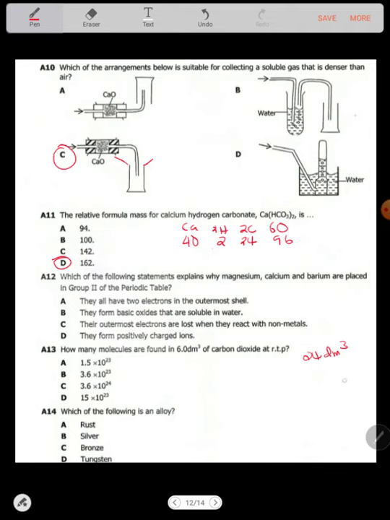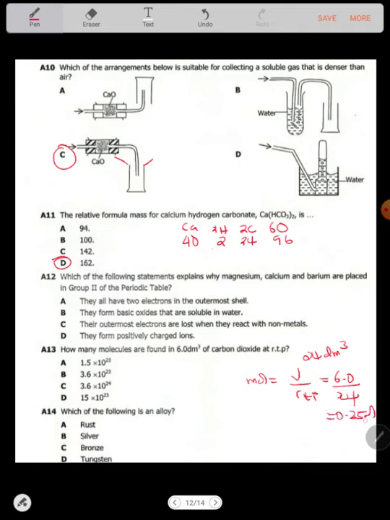So let's find the number of moles. Number of moles is equal to volume given over volume at RTP. The volume given here is 6.0. The volume at RTP is 24. We're saying 6 divided by 24, that will give us 0.25.